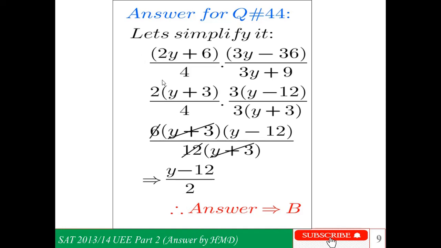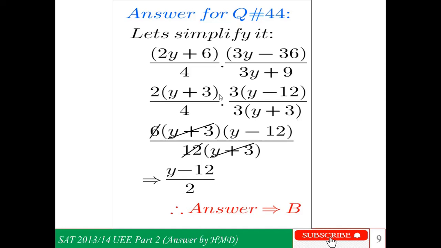I can take 2 out, which is common, so it becomes 2 into y plus 3 over 4, times, again take 3 out, it becomes y minus 12, over, again take 3 out, it becomes 3 into y plus 3.